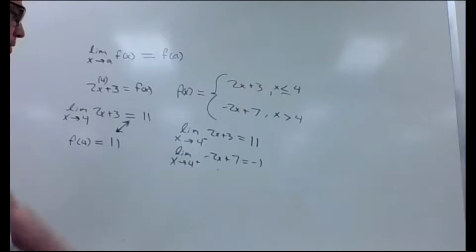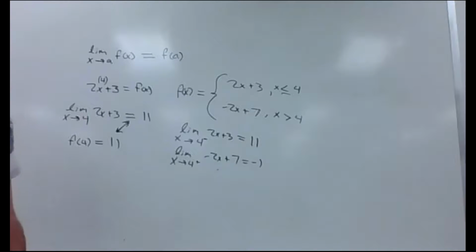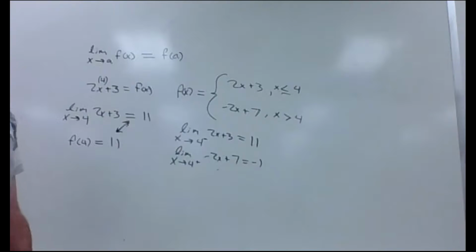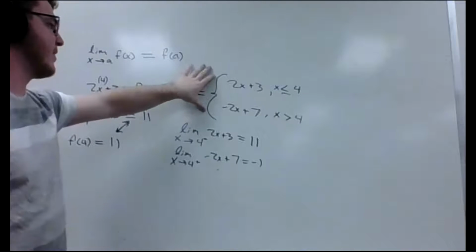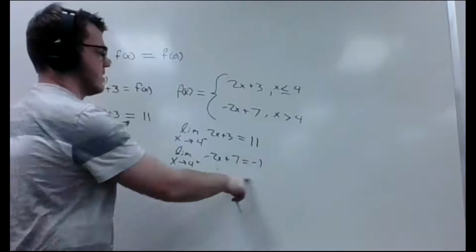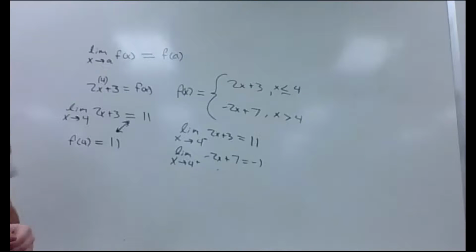So there's not even a limit there, right? So can it be continuous? No, right? So does that make sense? So without having to graph this equation, we showed that it cannot be continuous because there's not even a limit at that point. Does that make sense? Yeah, that makes sense.